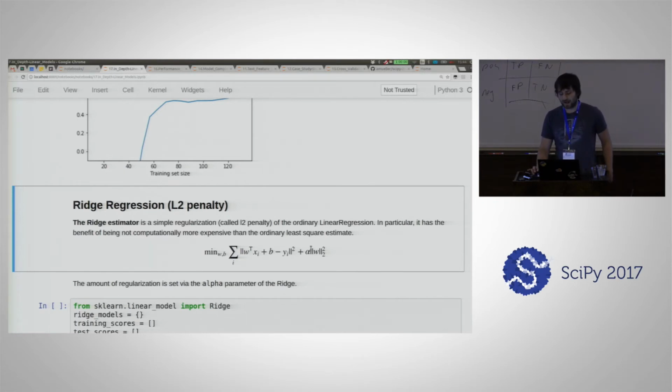And there's an alpha which trades off between the two. If you set alpha equal to 0, you get linear regression. If you set alpha to infinity, you get a coefficient vector that's all zeros. And by changing alpha, you can go along this curve between overfitting and underfitting that we showed before.